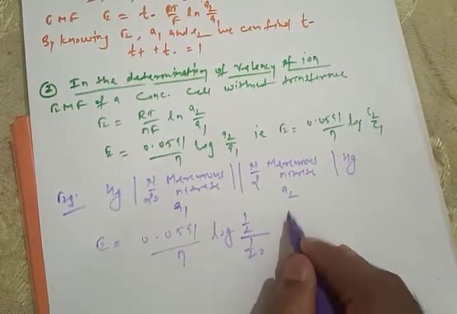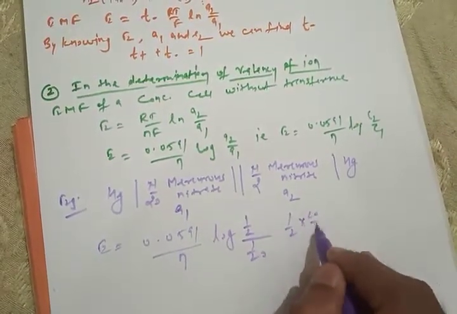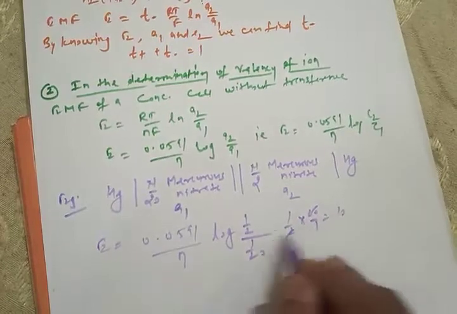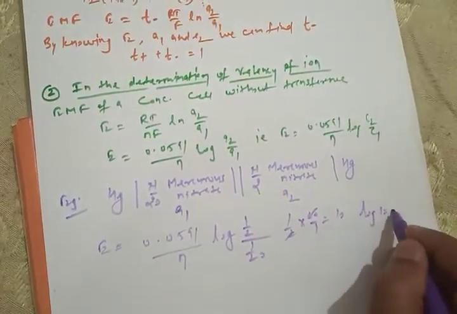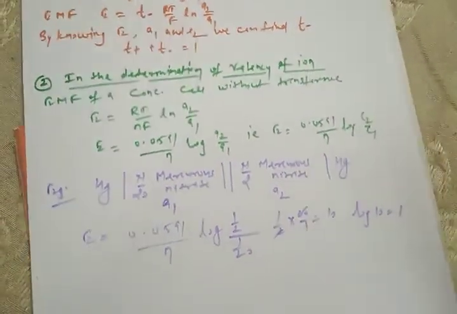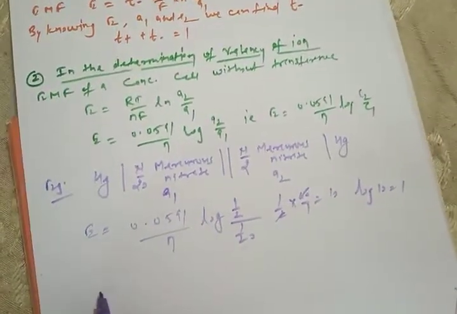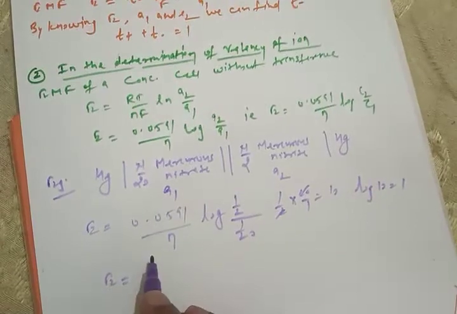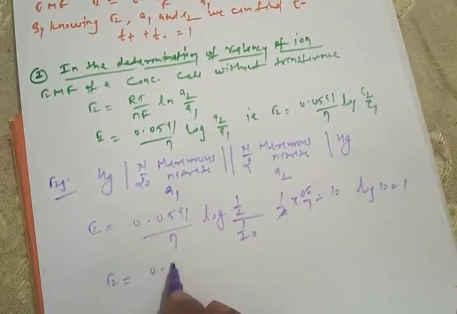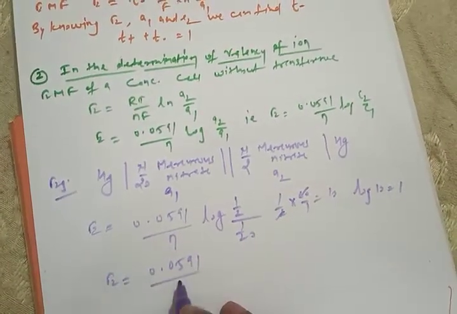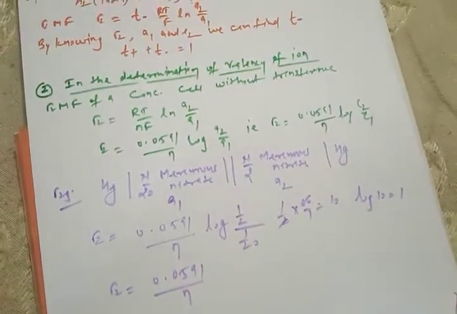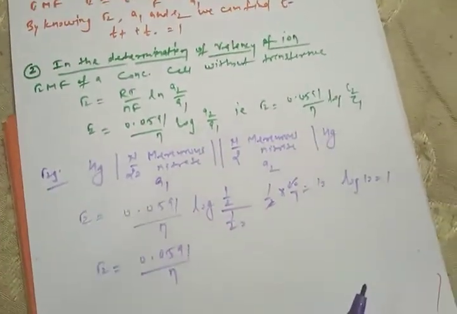So this will give you 1/2 and 20/1. So this is giving 10, and log 10 is 1. So the value of log 10 is 1. So here E equals 0.0591 upon n, because this whole value is 1 now.